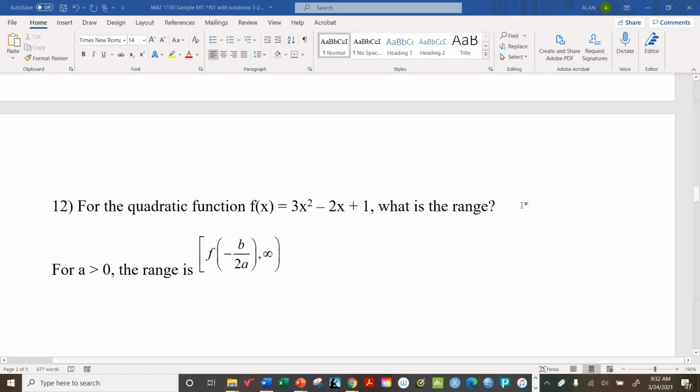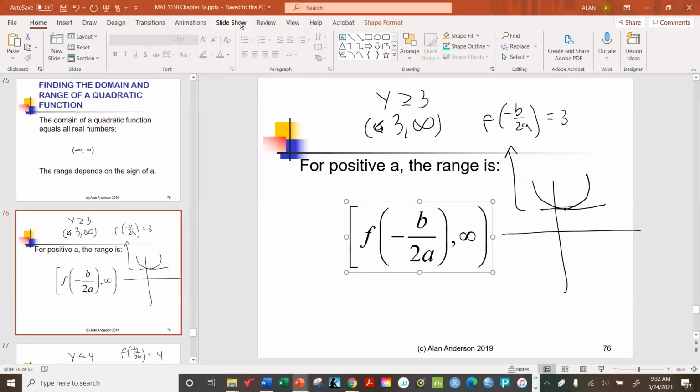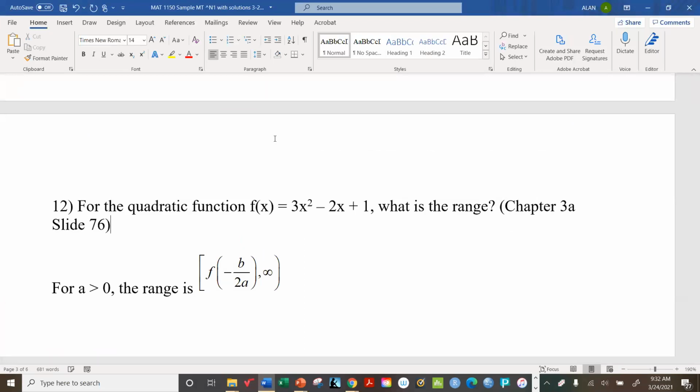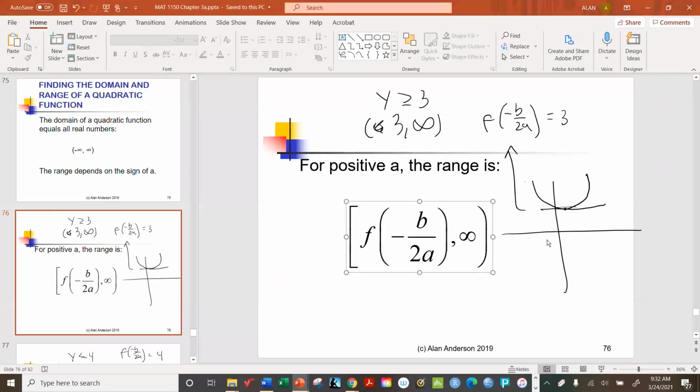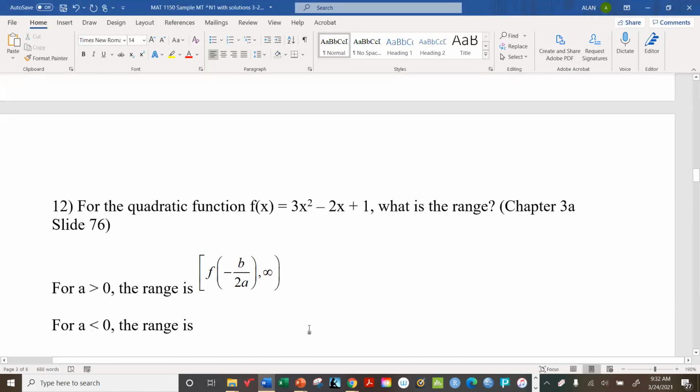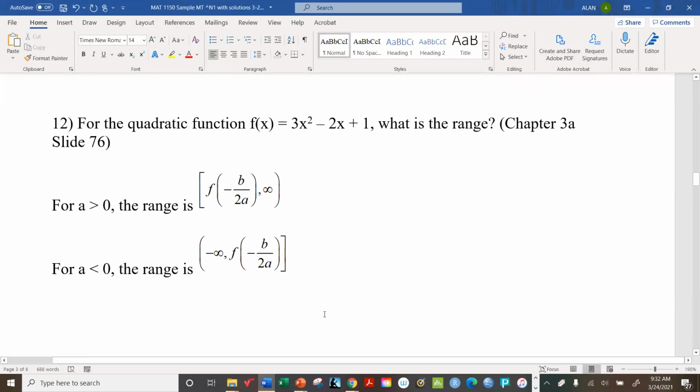Oh, and while we're at it, this is chapter 3A, slide 76. Okay, and then for a negative A, just in case it shows up. All right, that should do it.